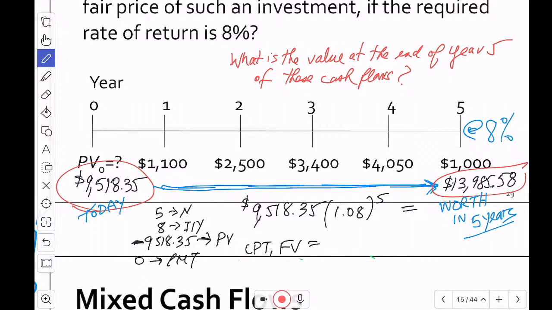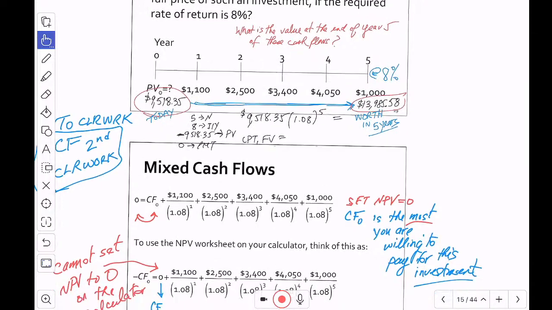The reason why I'm telling you that is because you might say to me, why would I pay $9,518.35 now to just break even? Because that's what that expression showed you. I made them equal to 0.